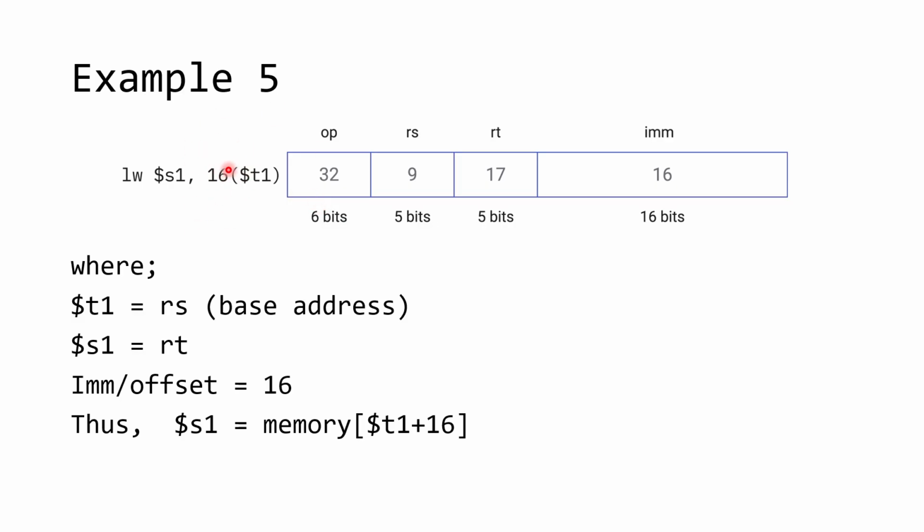This 16 is a decimal, so in hexadecimal it's 10. So 10 plus 0x10010000, you will get 0x10010010. That's the effective address. So this is what we call base addressing or displacement addressing, because we need a base address with an offset to go to that effective address. Okay, thank you.